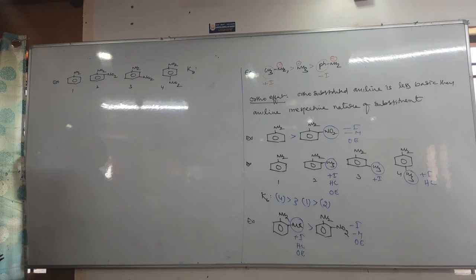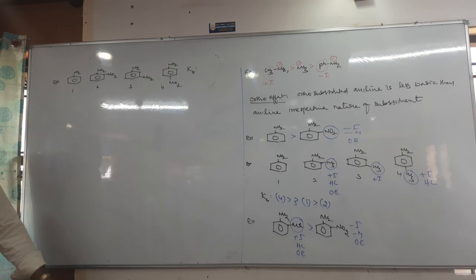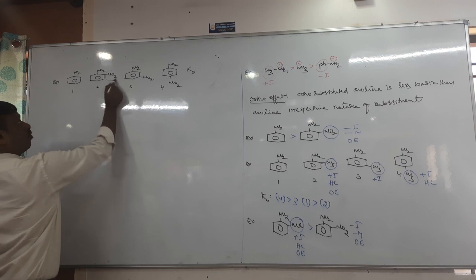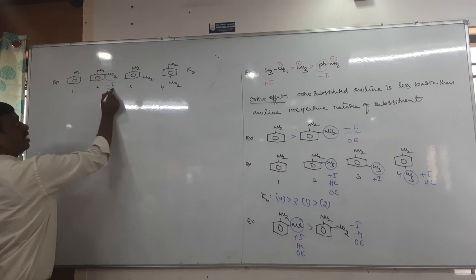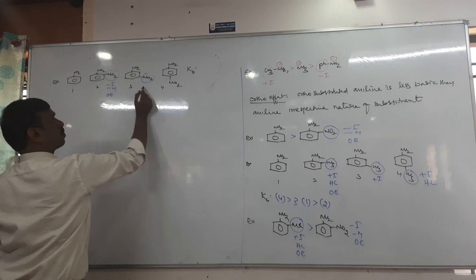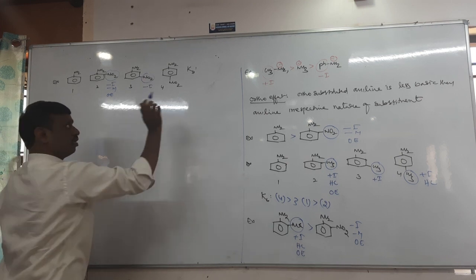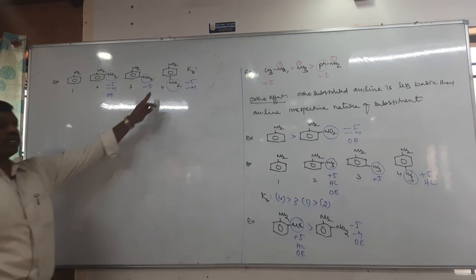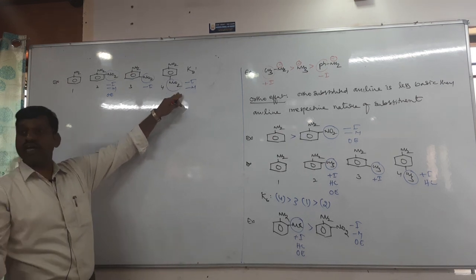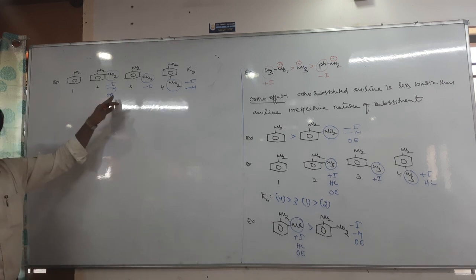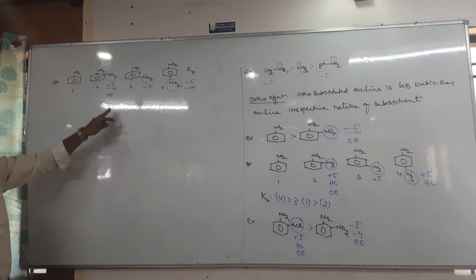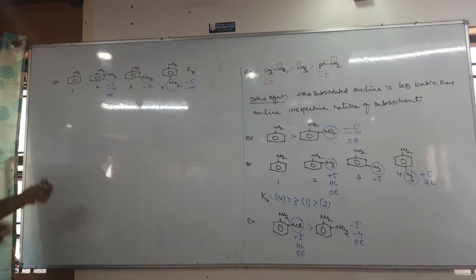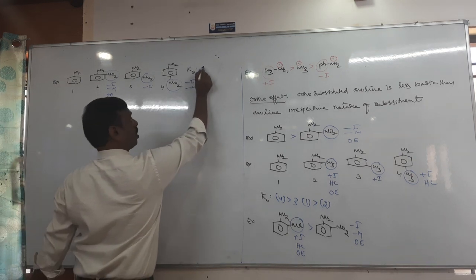So which is more basic? Aniline. Here, tell me, NO2 group has minus I, minus M, and ortho effect. Here only minus I, that's it. Next here minus I, minus M. We know that minus I and minus M are both electron withdrawing effects. Ortho effect is also an electron withdrawing effect. So due to all three effects, basic strength decreases. Therefore, which is comparatively more basic? 1. So 1 is more basic.